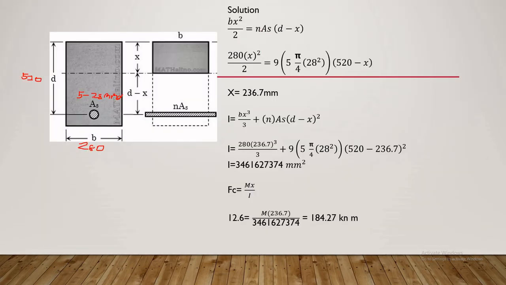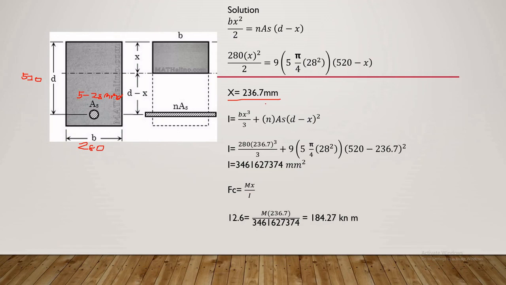So yung AS natin is 5 28 millimeters, so 5 multiplied by pi over 4 multiplied by 28 squared na diameter, and multiplied dun sa ating effective depth na 520 minus x. So, if solved, makukuha nating x dito is 236.7 mm.